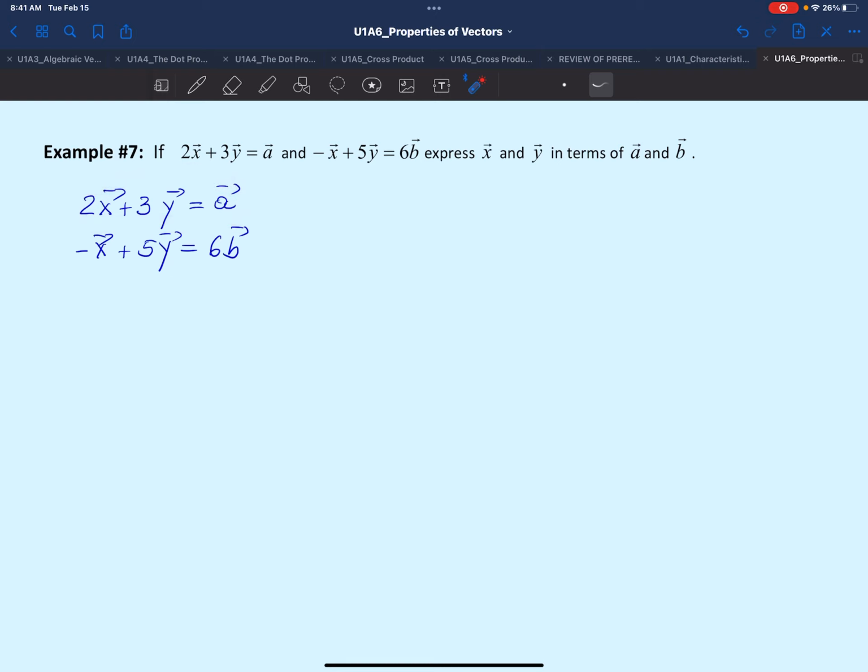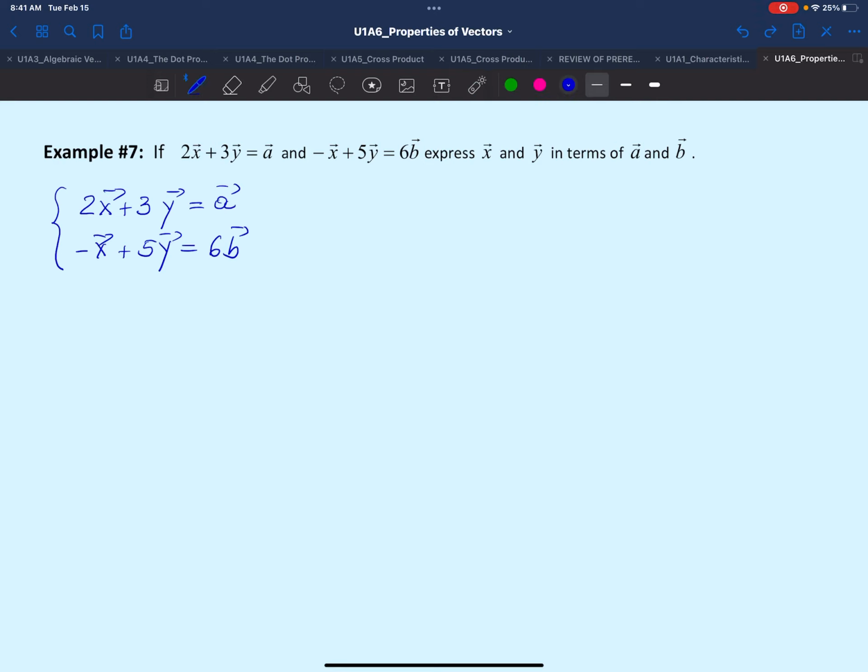And we want to express x and y in terms of a and b. What that means is that we need to solve for x and y. So we're going to treat the vectors a and b as some constants, and we're going to treat the whole thing as a system of linear equations where we have to solve for x and y.